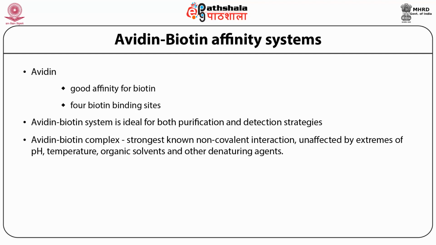Avidin-biotin interaction is the strongest known non-covalent interaction that is unaffected by extreme pH ranges, high salt concentration, temperature, organic solvents, and denaturing agents. Also, bond formation between biotin and avidin is very rapid.